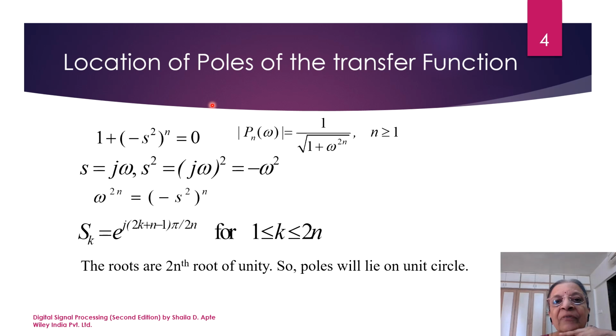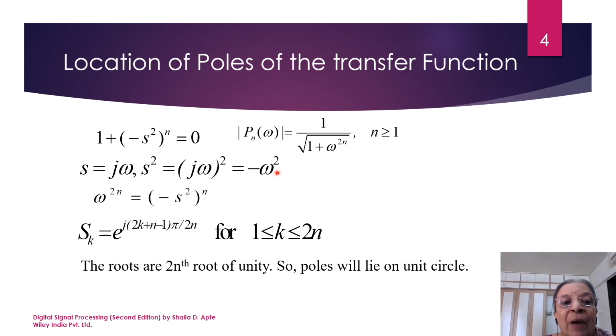Now let us consider where the poles of this transfer function are. The expression is 1 upon the square root of 1 plus omega raised to 2n, so 1 plus omega raised to 2n is in the denominator. We can write s as j omega, so s square is equal to (j omega) square, which is minus omega square.